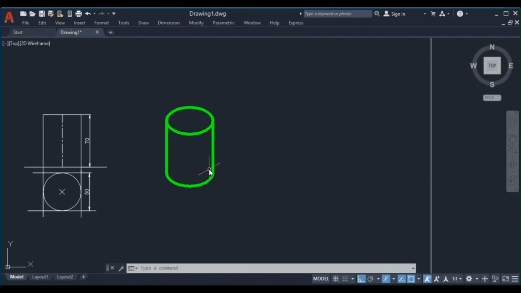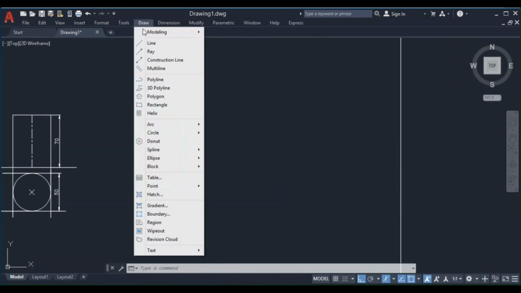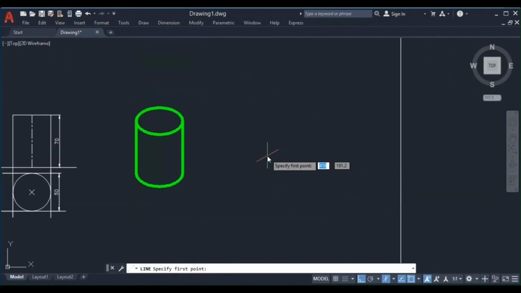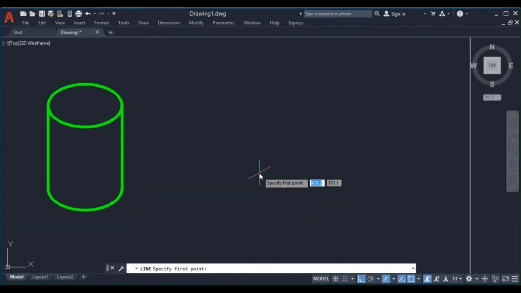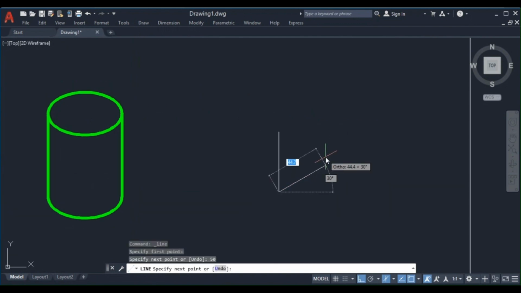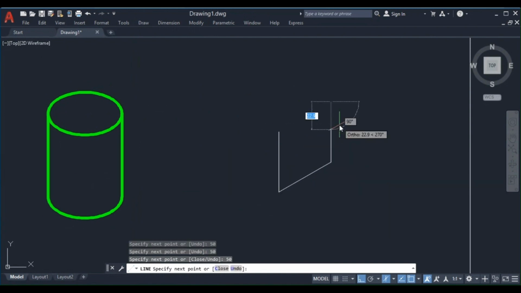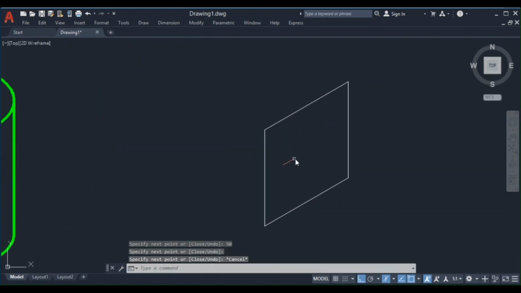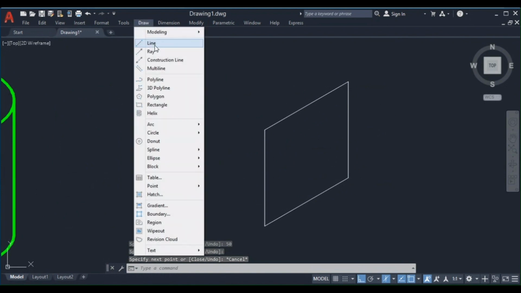Now axis perpendicular to VP. Similarly, draw its front view with ISO left or ISO right. 50, 50, followed by 50, and followed by 50. So first join the major diagonal.